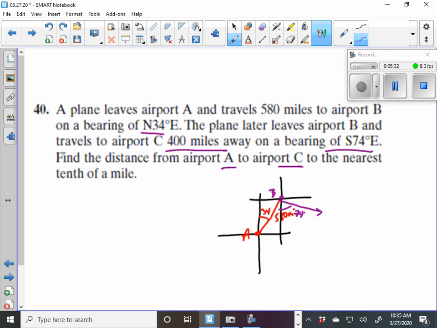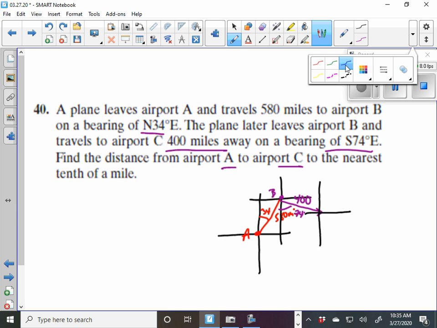And that's going to be 400 miles. This is airport C. If you want, that's where we're at. We need to know this distance here, D. We would like to know this angle here.